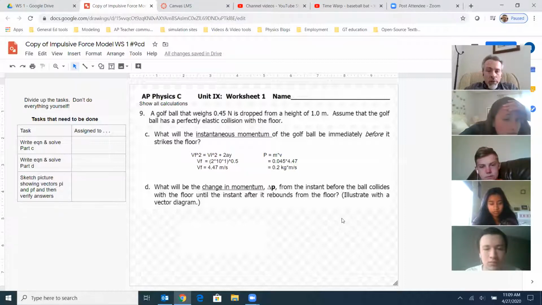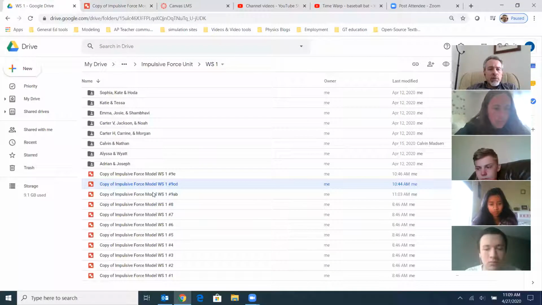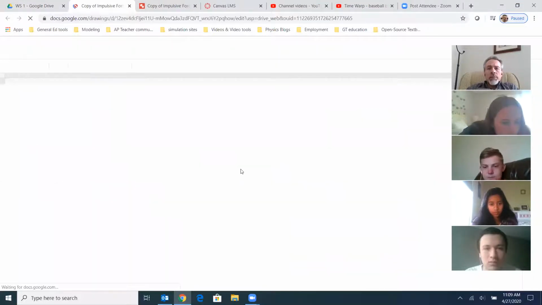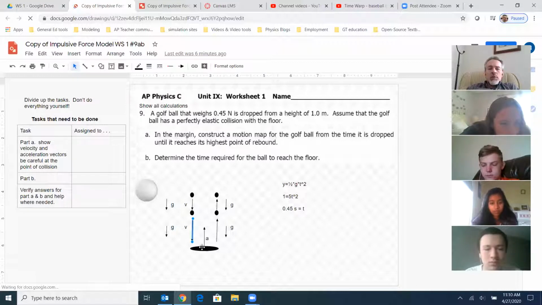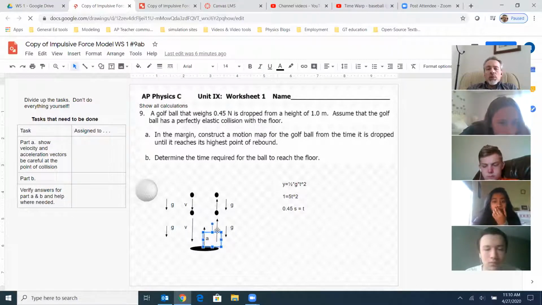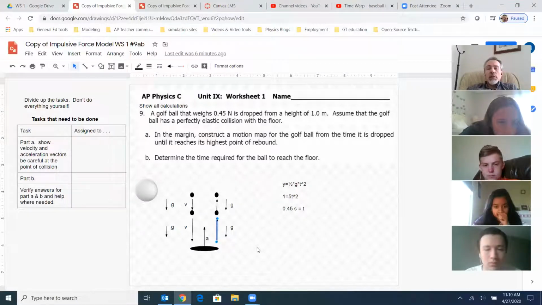All right, and then for the next part, the change in momentum. I want to go back to the picture in the previous one. We just found out what the momentum was downward. Realize that the momentum upward is also going to be that 0.2 kilograms times meters per second, but now it's upward.